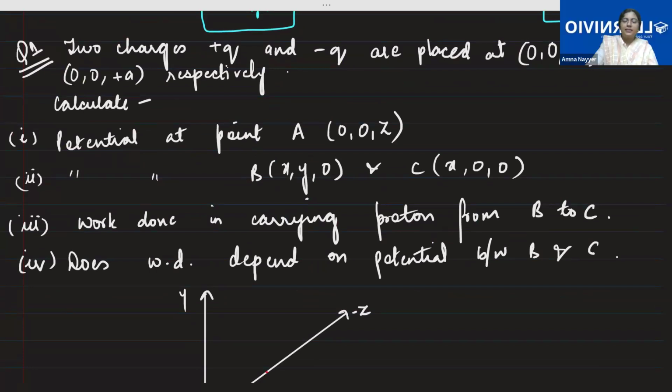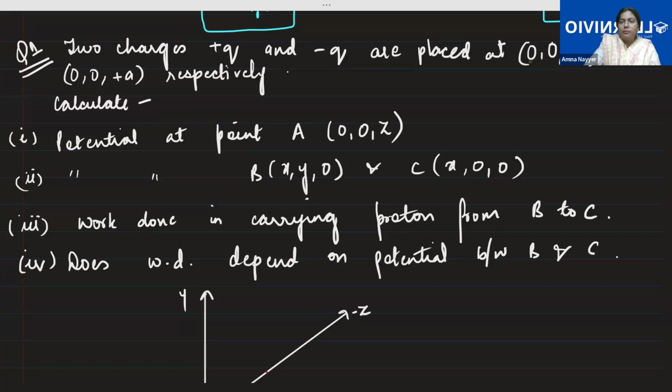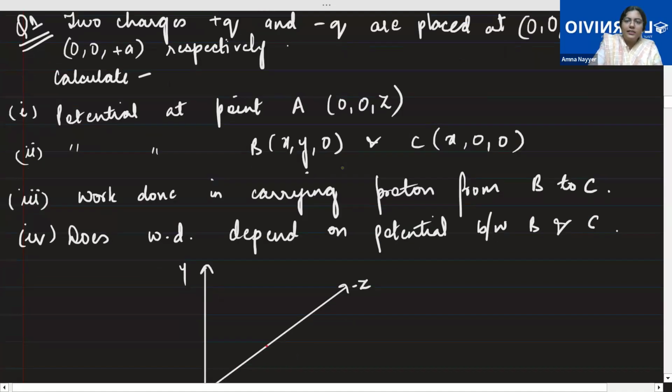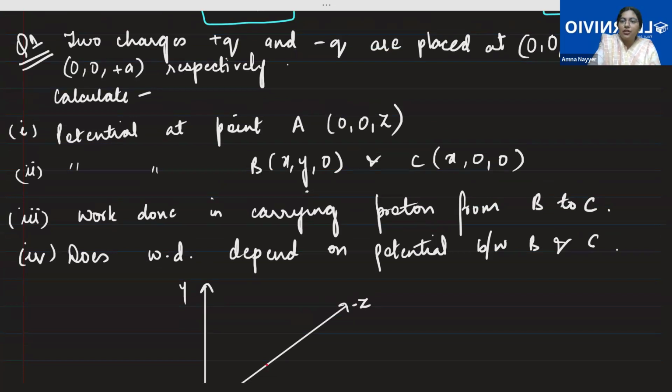Okay, see, let's discuss this question. It says two charges plus q and minus q are placed at 0, 0, minus a and 0, 0, plus a. Let's locate the charges. The positive charge is present on the negative z-axis at a separation of a from the origin, 0, 0, minus a.